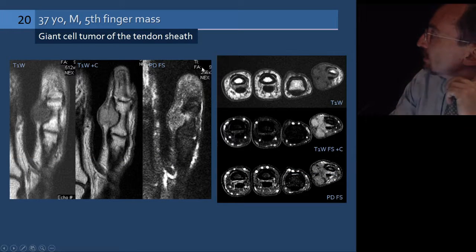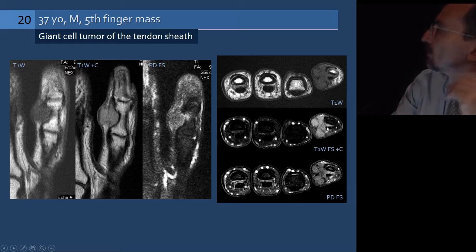With the hands, one of the most common lesions would be the giant cell tumor of the tendon sheath or tenosynovial giant cell tumor, the new or the most current name. And as you know, their T2 characteristics are such that they are not usually of a very high intensity like a fluid, but rather somewhat subdued intensity.